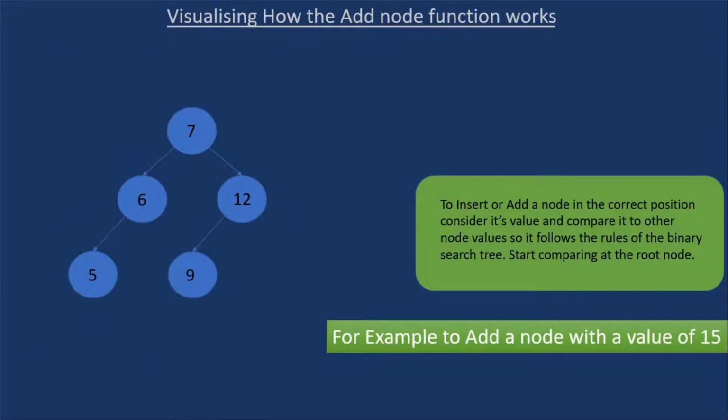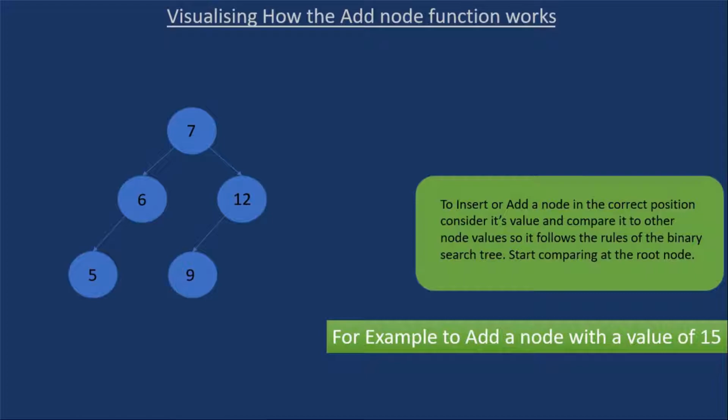Let's quickly go through the process of adding or insertion using the examples of a node with value 15 and another one with the value of 10. Now to insert a node in the correct position, we have to consider its value and compare it to other node values, starting at the root node.